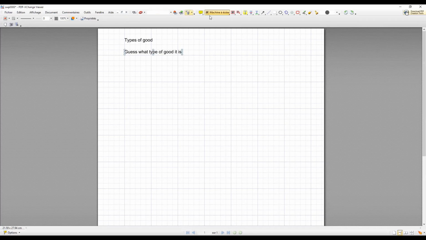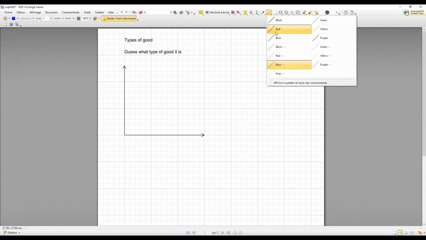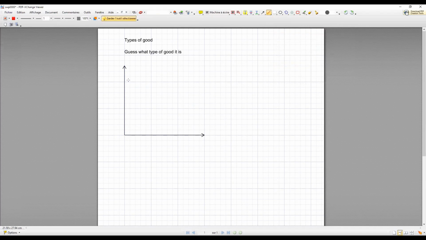So let's start with this. And now I have some budget constraints. So let's just say it's here, for instance.